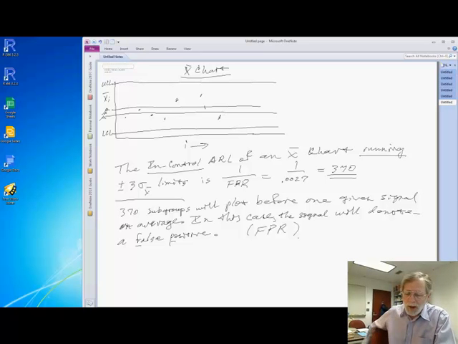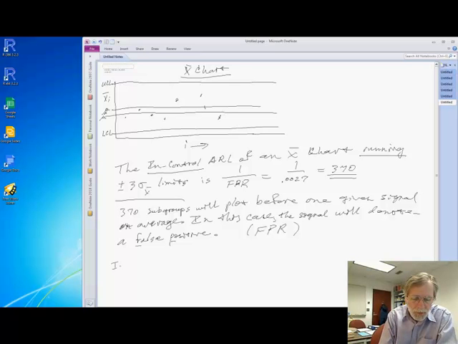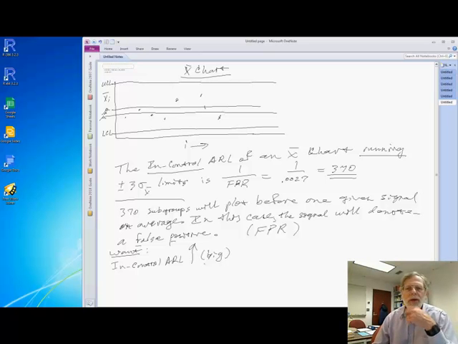So you want the in control ARL to be real big, because you don't want this chart giving you a signal and having you chase around after problems that don't exist.